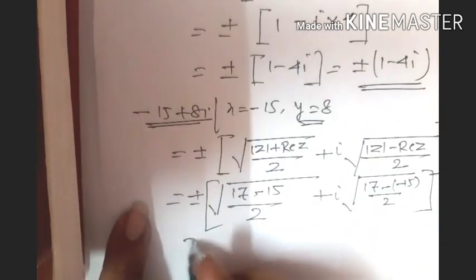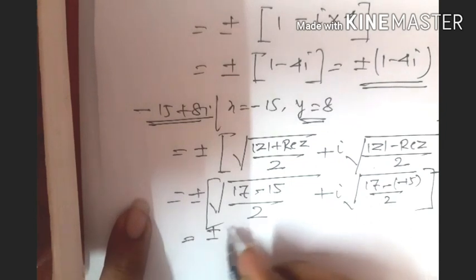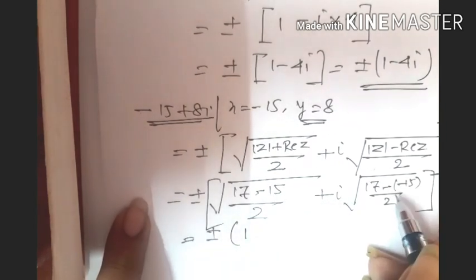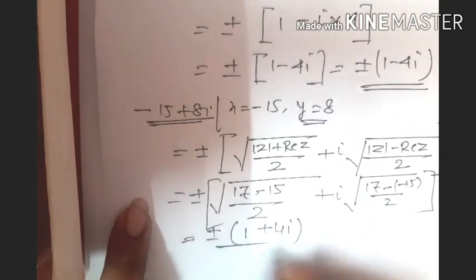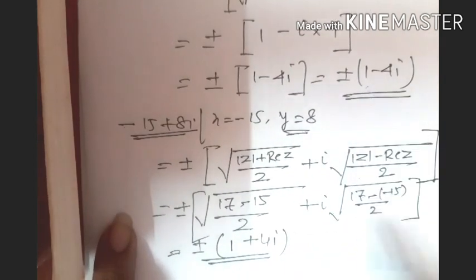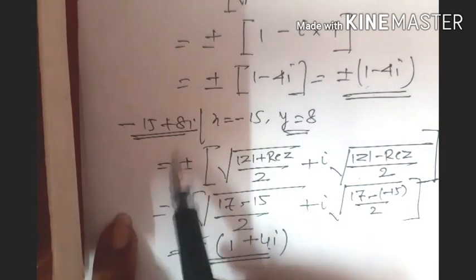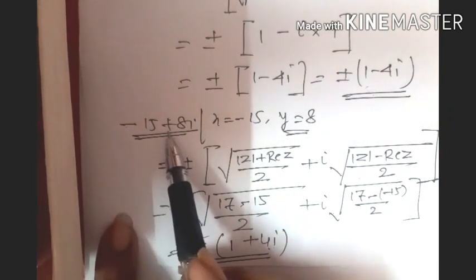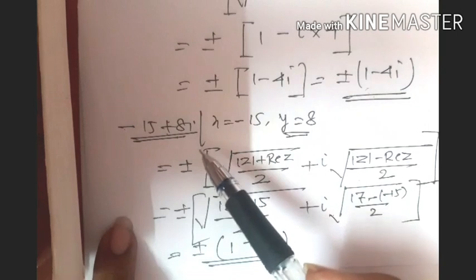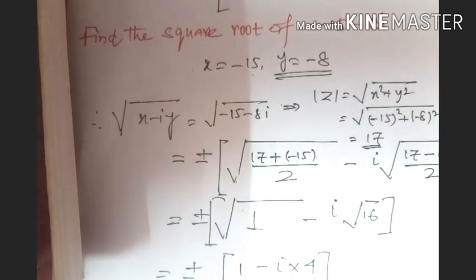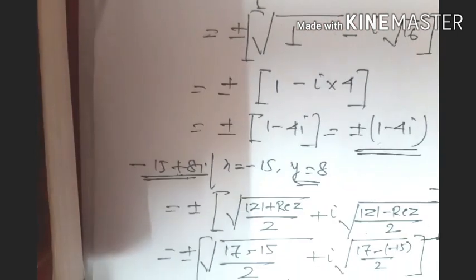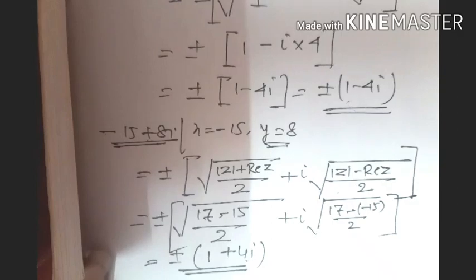So finally what we will have, here also 1 and here also plus, so the sign will be 1 plus 4i instead of 1 minus 4i. So this is our required square root for this complex number. Students, the two complex numbers are different, because here we had plus sign and there we had minus sign, so we have used two different formulas. That's it.